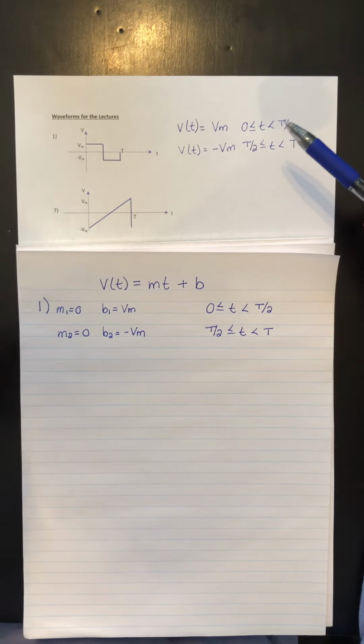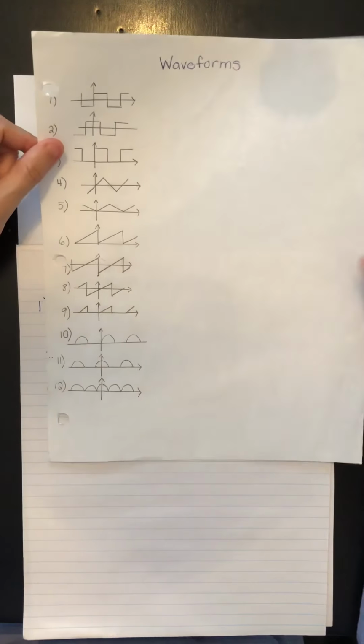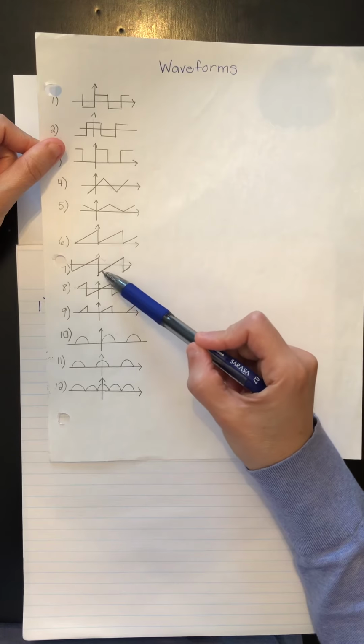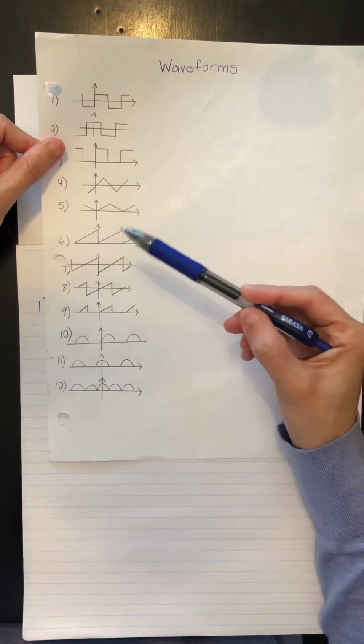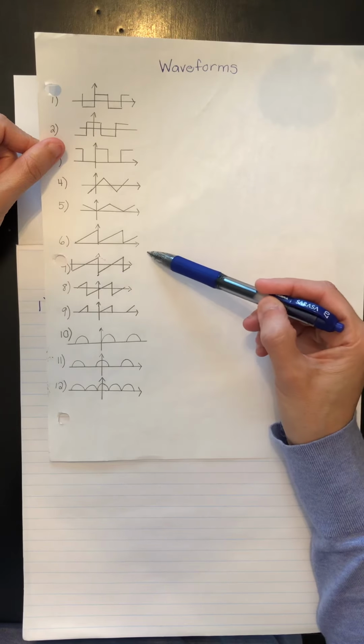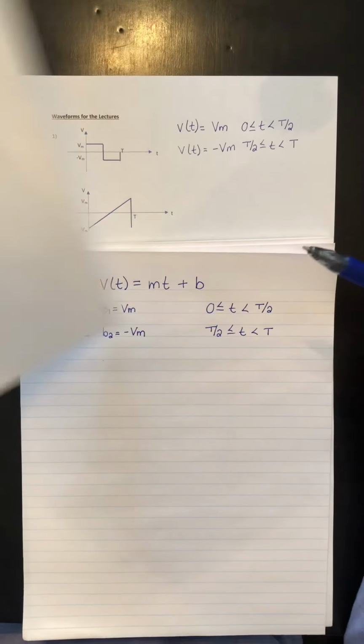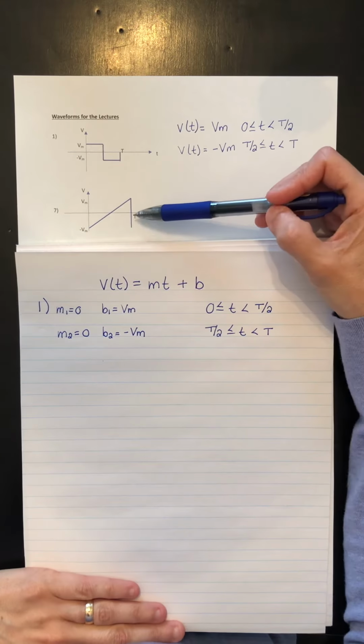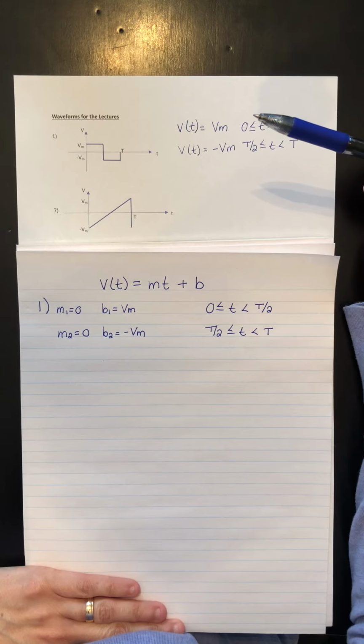Okay, so in number 7, this represents one full period because then you can see this is going to start repeating. The pattern will repeat. So I've drawn it like this for you again, showing one full period.